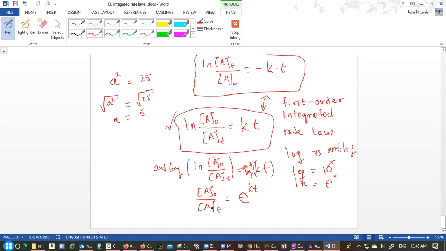If you want to know what is the concentration of A at time t, you say, okay, concentration of A at time t equals concentration of A at time 0 over e elevated to kt.